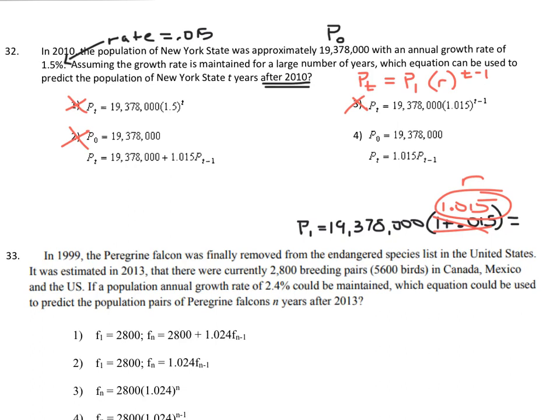So let's hope choice 4 is the answer. Choice 4 says P sub 0, the initial population, is this number, which is good. And then it says to find whatever term you want, you're going to take the previous term and multiply it by 1.015. Okay, so that is true. Choice 4 is the answer.